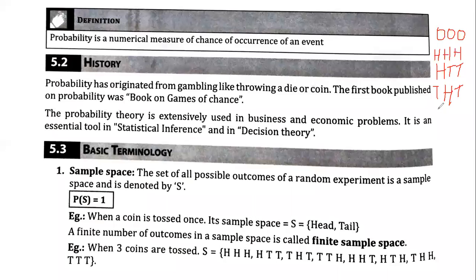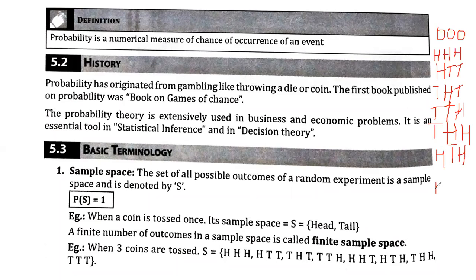Again we will toss the coins together. Tail, tail, head. This is another possibility. Then you can have tail, head, head. You can have head, tail, head.